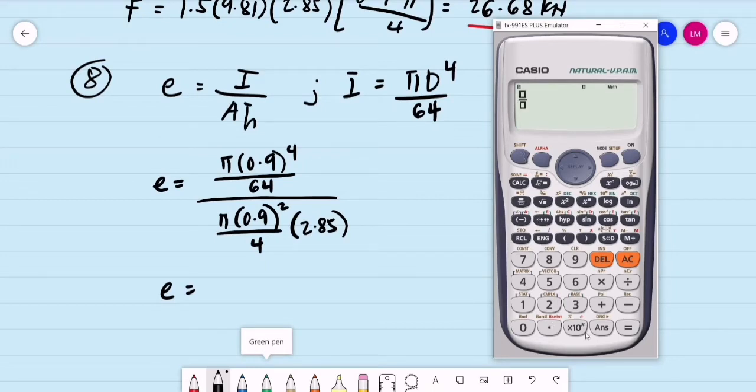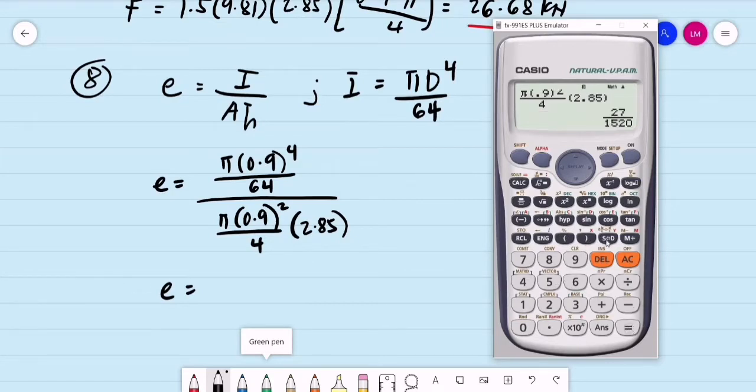And then multiplied by the h bar, this is 2.85 meters.